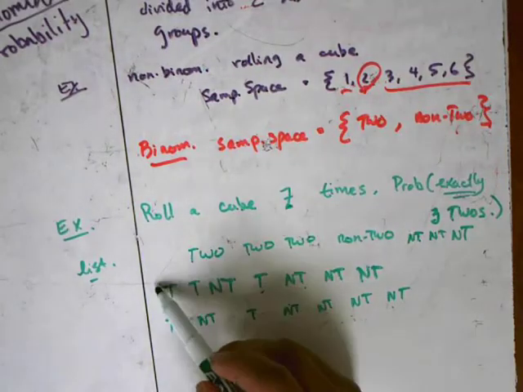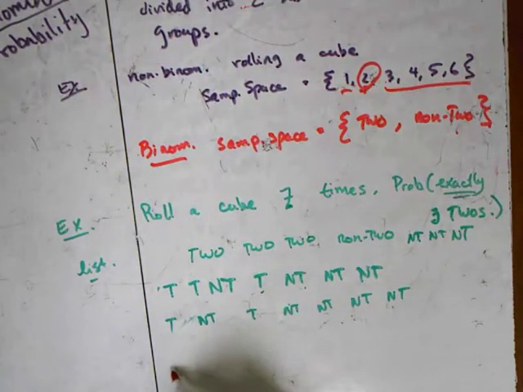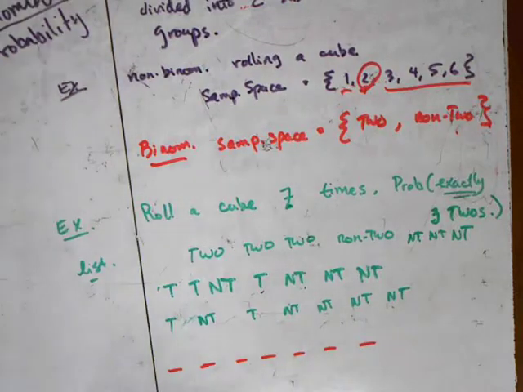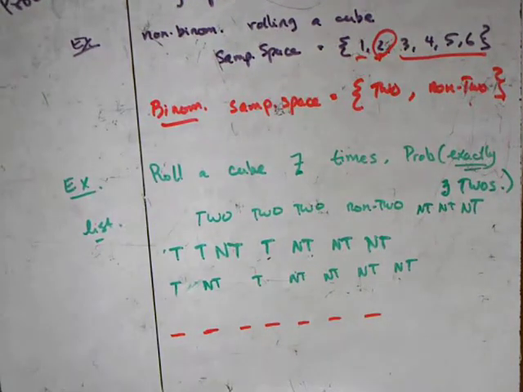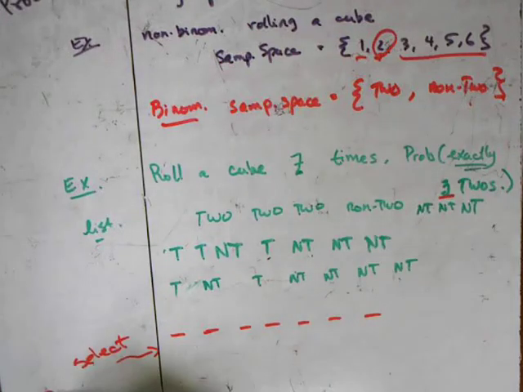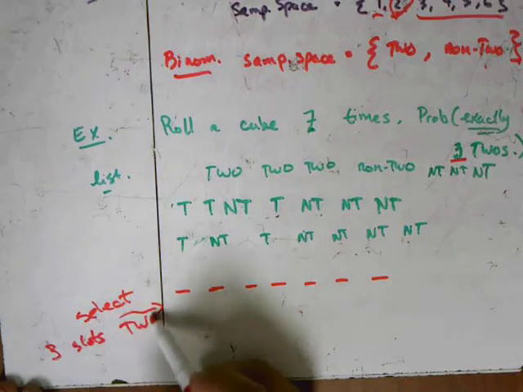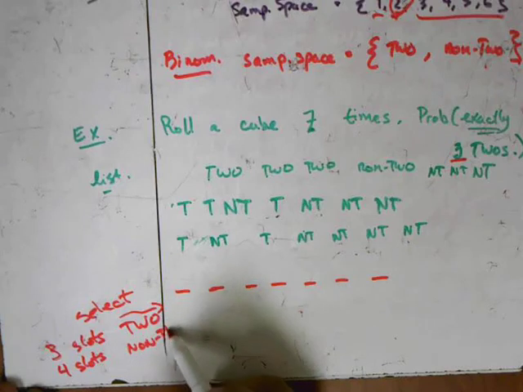And how do I go about listing all of these? Well, you have to think about this a different way. It's like we have 7 slots, and I am selecting 3 slots to be 2s and 4 slots to be non-2s.